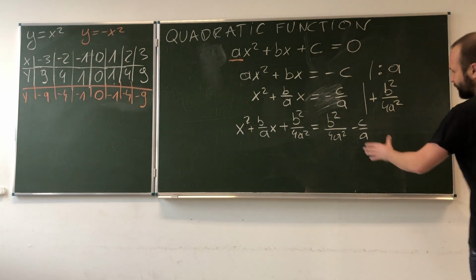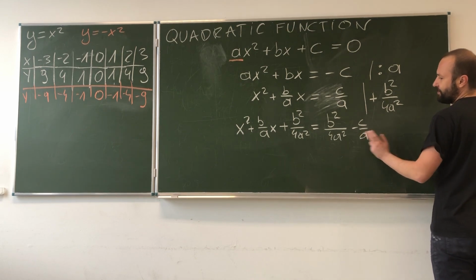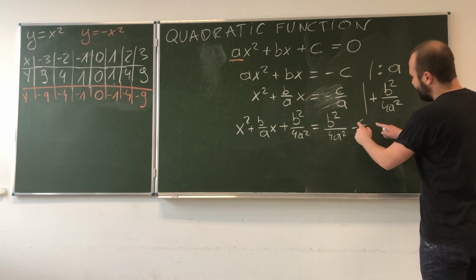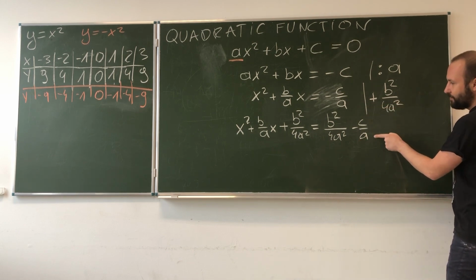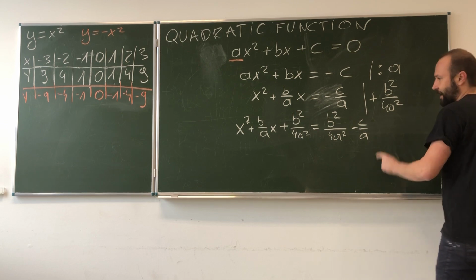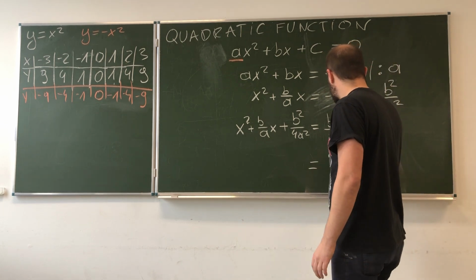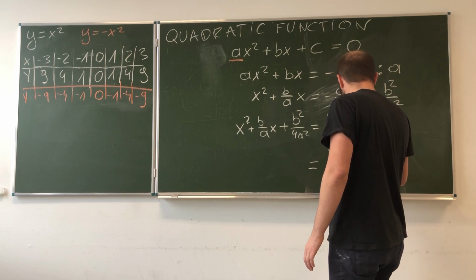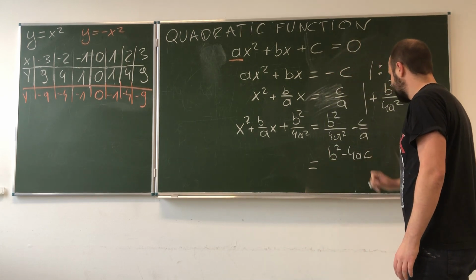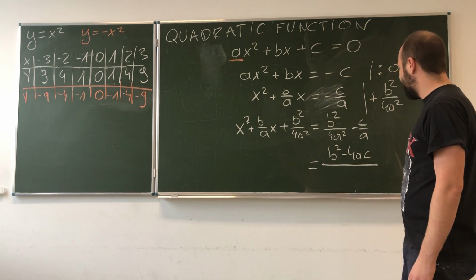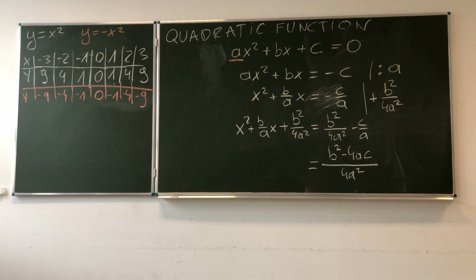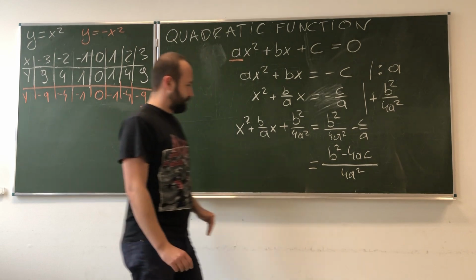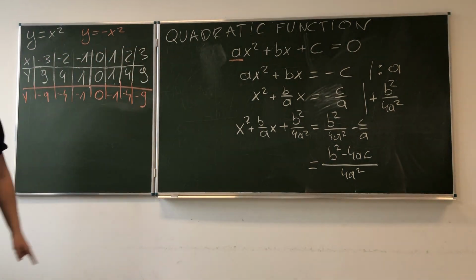Look, if I want to add those two, I need to put them in a common denominator. In order to do so, I just need to take this, multiply numerator by 4a, and multiply denominator by 4a. So look, as a result, I'm getting b squared minus 4ac divided by 4a squared.